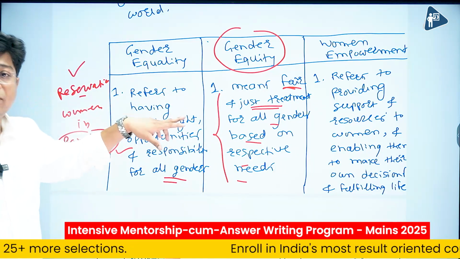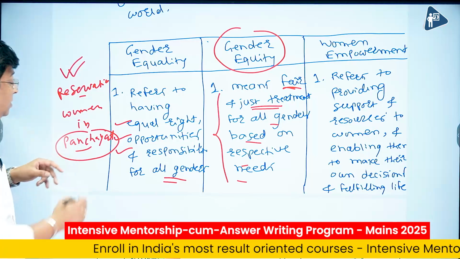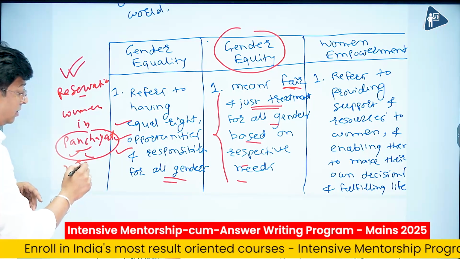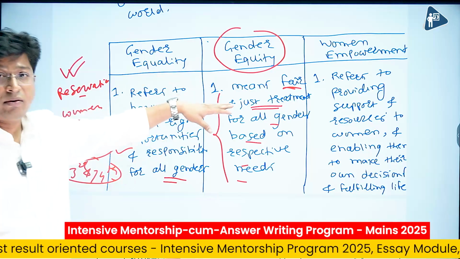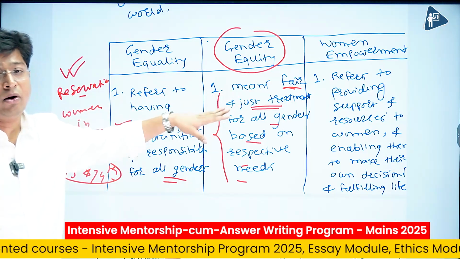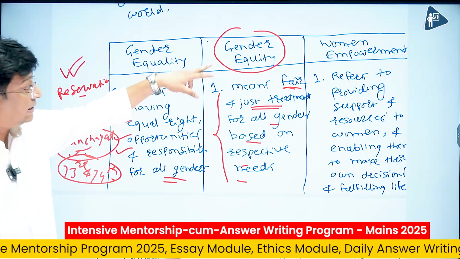That is the reason the government is providing reservation in panchayats through the 73rd and 74th Constitutional Amendment Acts. Here we are not placing male and female on equal footing, but we are considering the disadvantaged position of women. So this is equity.